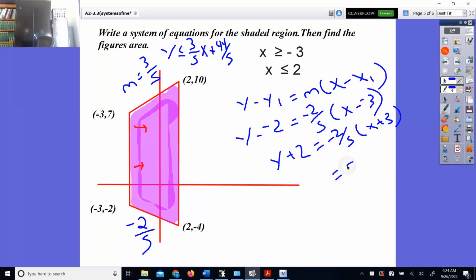Distribute it. -2/5 of x minus what? 6/5, that's right. That little 2 is going to have to jump over and become negative. Rewrite 2 in terms of fifths. 10/5. 10/5 is 2.